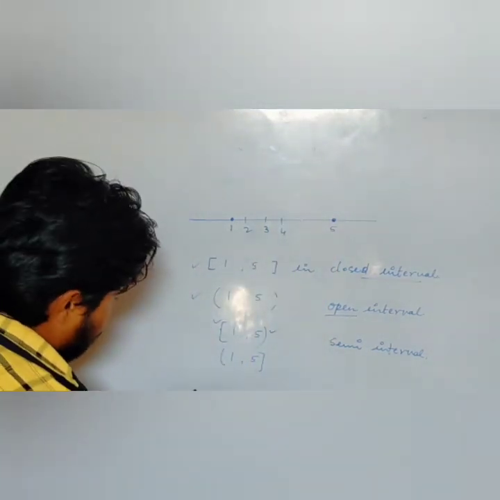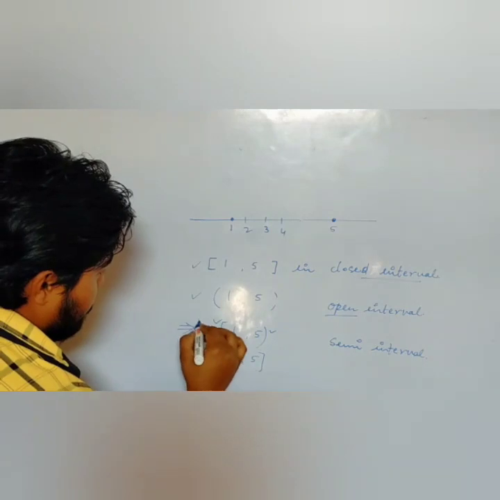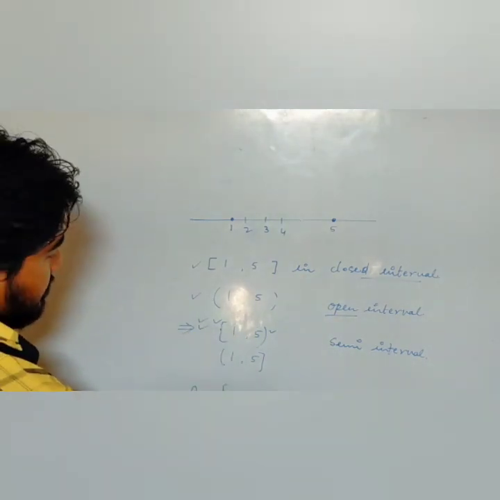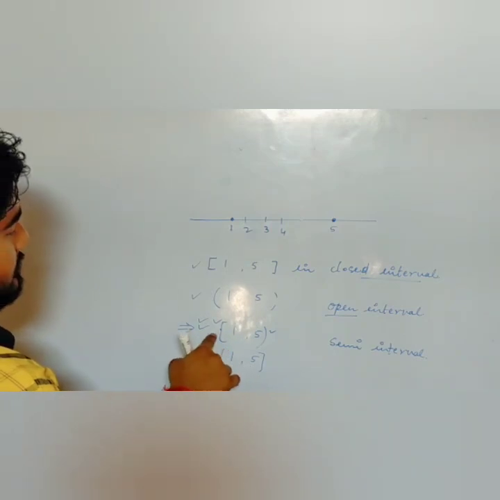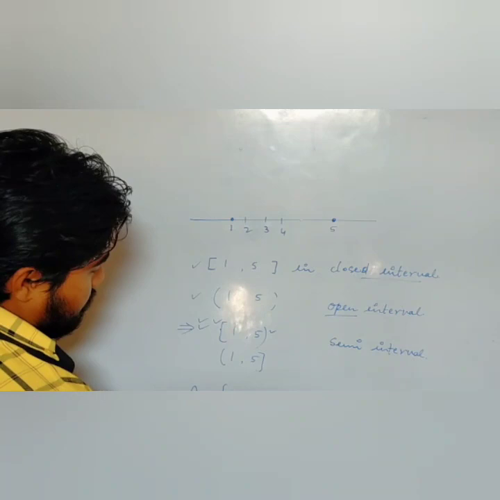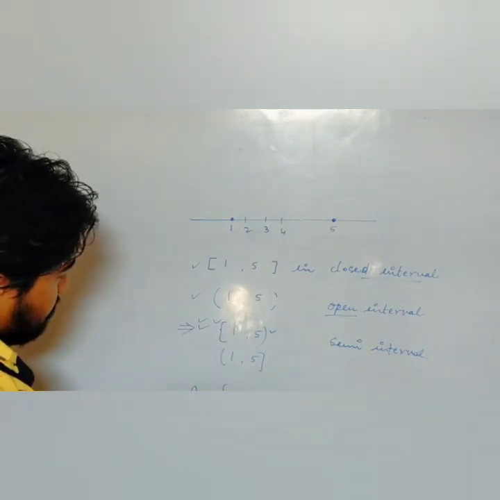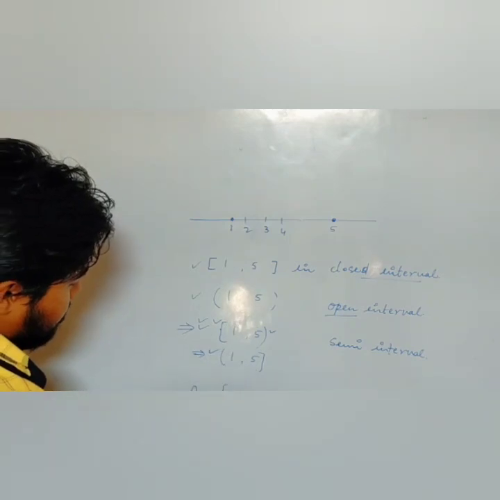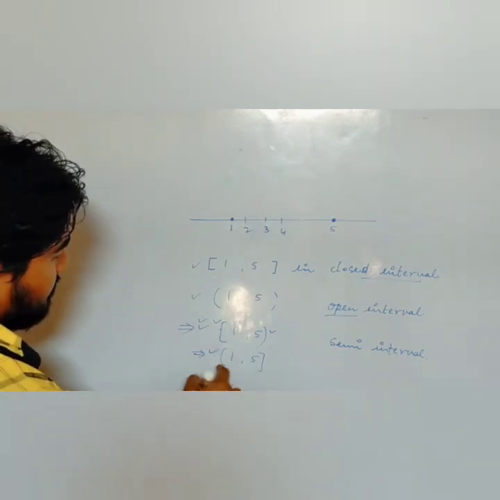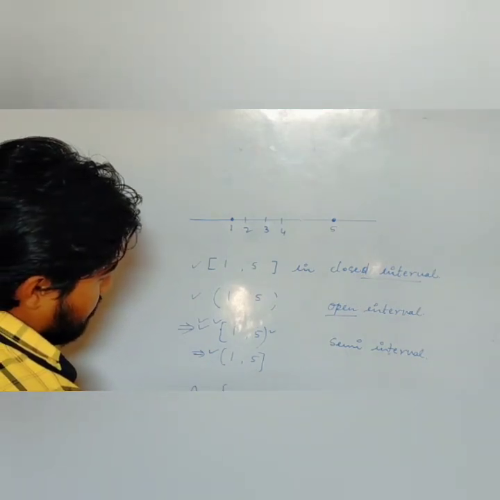Okay, we can write this set in this form. 1 we take, because this is the closed interval, and this is the open interval, so we do not take this end. So 1, 2, 3 and 4, 5 left out. We can write this set like this. This is the open interval: 1 left out, after that 2, 3, 4, 5.